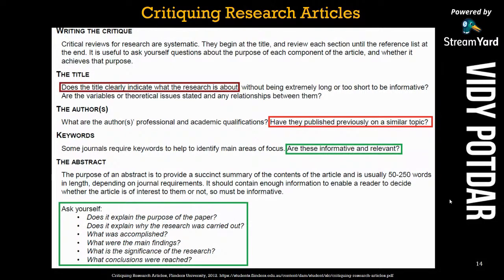I will see if they have a Google Scholar page or not. That is one of the reasons that in the first session I asked you to set up a Google Scholar page if you can. If I cannot find a Google Scholar page for that author, I will then look whether they have a LinkedIn profile or not.